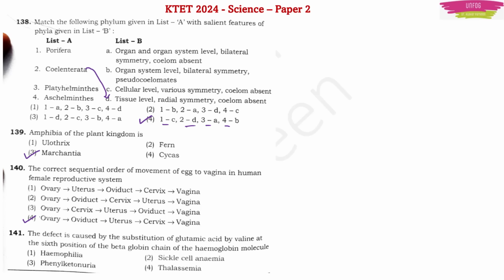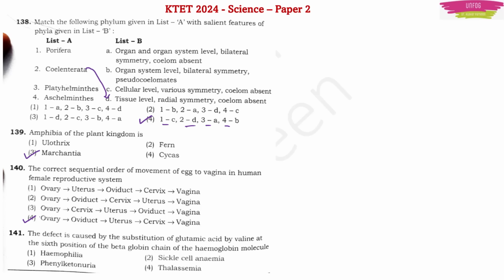From the ovary, the egg moves to the fallopian tube, then the oviduct, then the uterus, and then the cervix, where the baby's head gets fixed during labor pains. So option 4 will be the correct answer here.